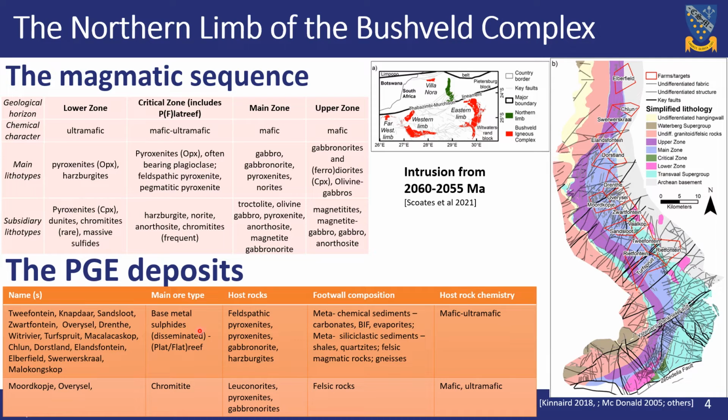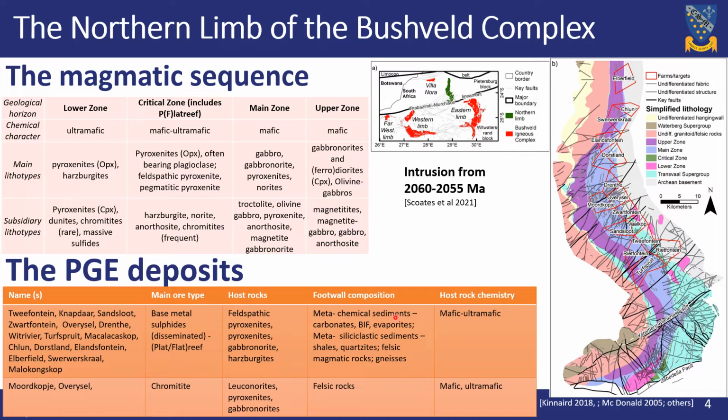They can very rarely be massive sulfides, but they also occur in chromitites as well. And these rocks are hosted, like I said before, in mafic to ultramafic rocks in general, but there are some differences between the base metal sulfide deposits and the chromitite-hosted deposits.